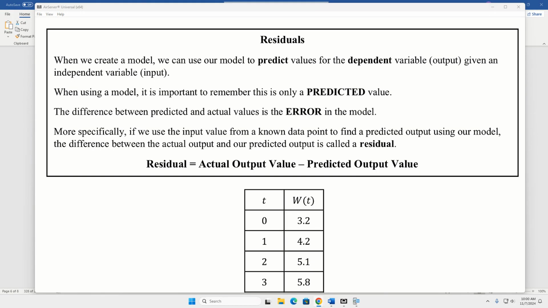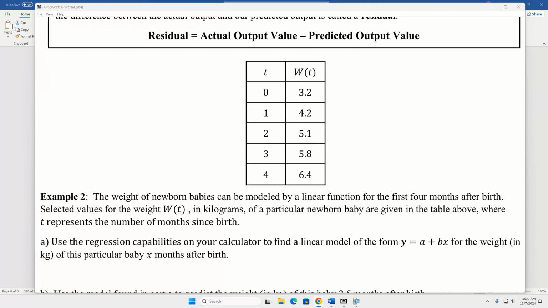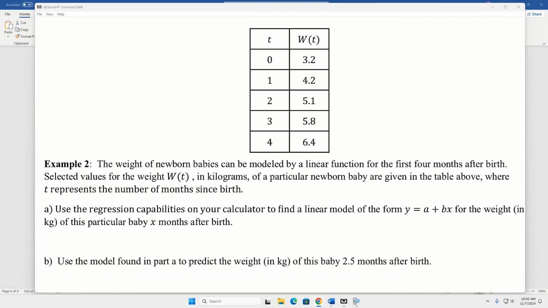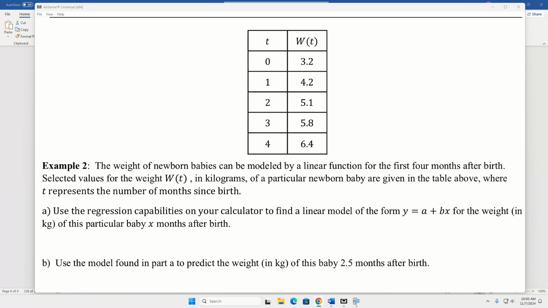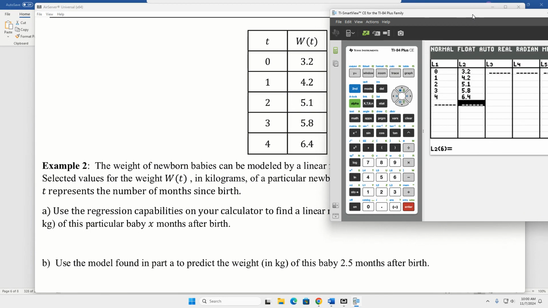All right, so this is the exact same thing that I put on your sheet. So if you don't have it, it's fine. You'll have it in your notes. In that we can find the residual by taking the actual value and subtracting the predicted value. So what we're going to do on this example, and I'm going to trust that you know how to do this because we've done it so much, is put this data in the calculator.